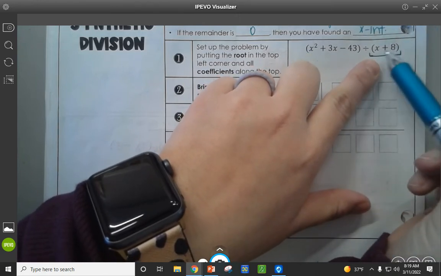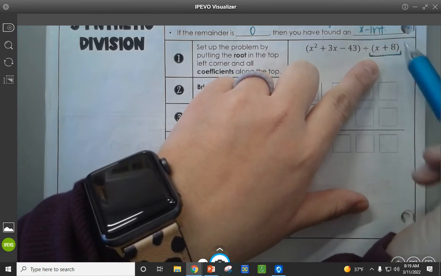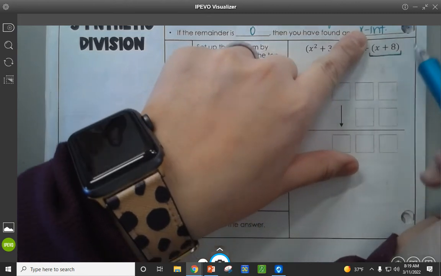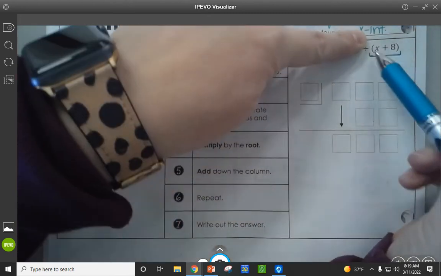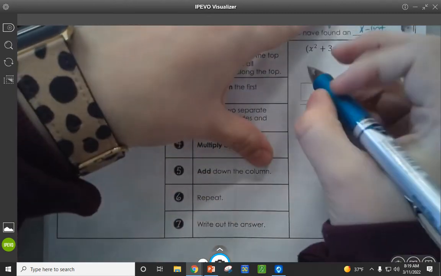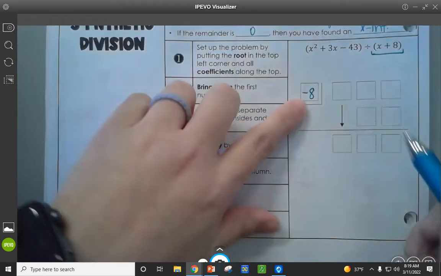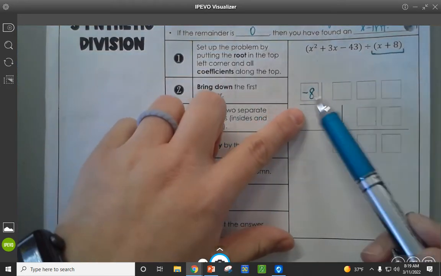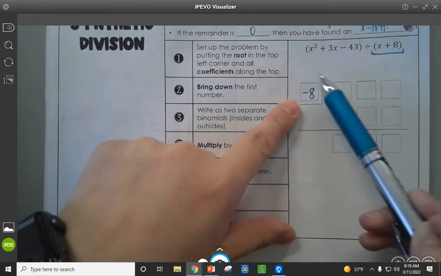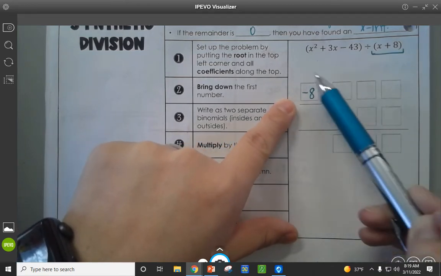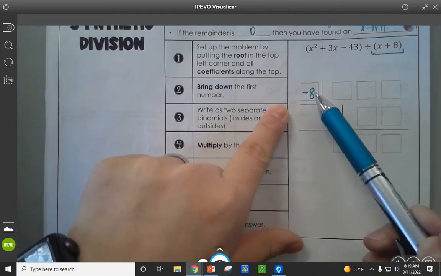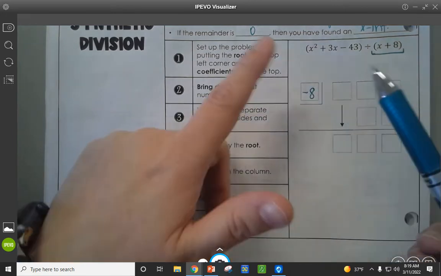So whatever we're dividing by, I'm going to set this equal to 0. If I were to set this equal to 0, what would x be? -8. And essentially what I'm doing is seeing if -8 is an x-intercept. If I get a remainder of 0, that means that it is an x-intercept.